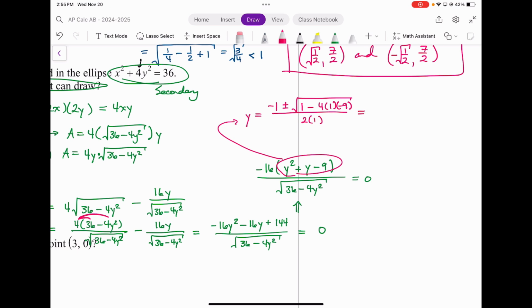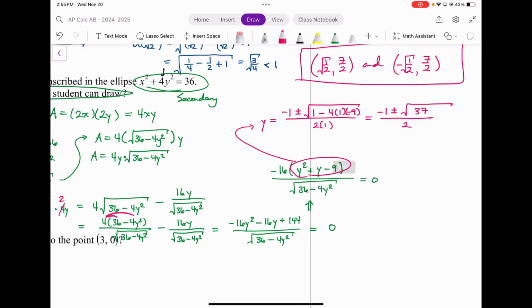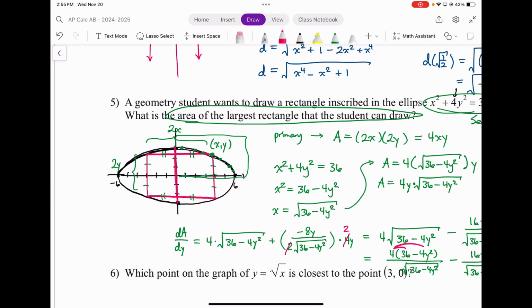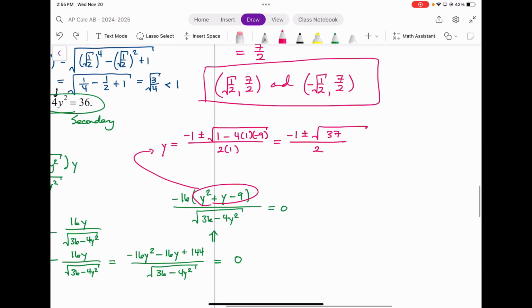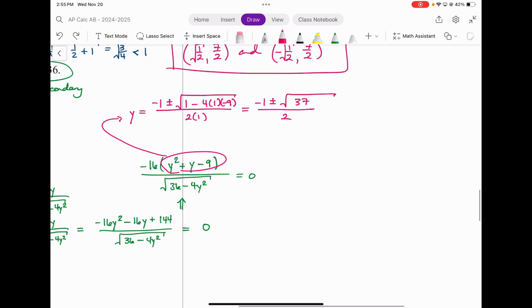So we get negative 1 plus or minus radical 1 plus 36, so that's the square root of 37, divided by 2. And of course, we would take the positive version here because we're only looking at this first quadrant, right? We're only considering that. So our y equals negative 1 plus square root of 37 over 2.